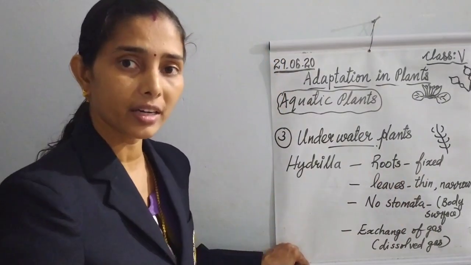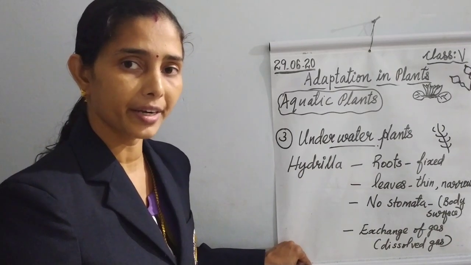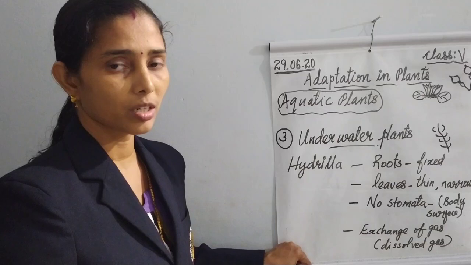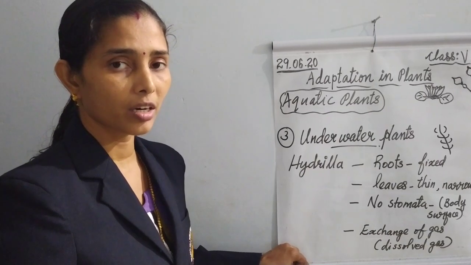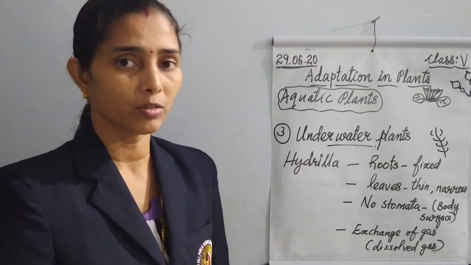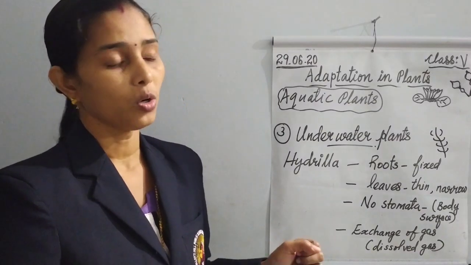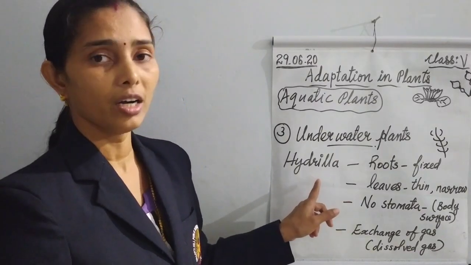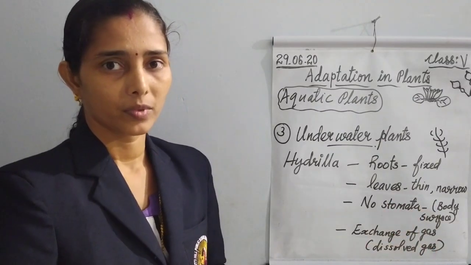They are under the water. The full plant will be under the water. Then what is the need of the stomata? Stomata can do its function? It is under the water. Under the water, is any gas exchange possible? Never. So this plant hydrilla does not have stomata.